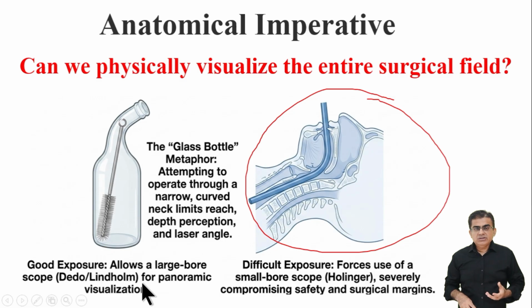But a difficult exposure forces us to use a very small bore scope like the Hollinger. This badly compromises your microscopic depth perception and the cutting angle of your laser beam. If you cannot safely reach the target, you cannot safely cure the patients.